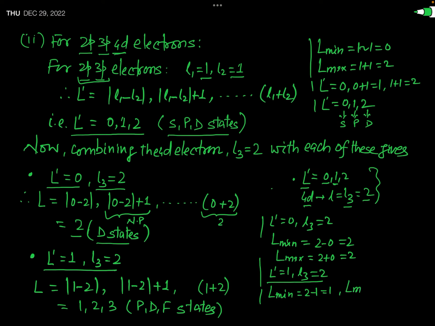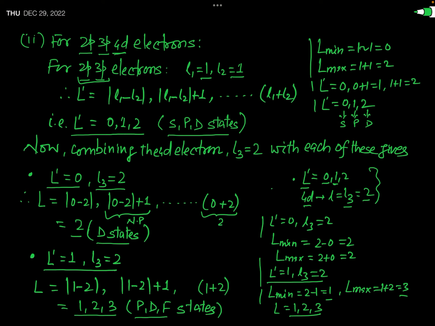And the maximum value of L will be 1 plus 2, that is 3. So you have to run from 1 to 3 at a step of 1. First value will be 1, another will be 2, and then 3. So 1, 2, 3 are the values of the resultant angular momentum L, and these represent the P, D, F states.